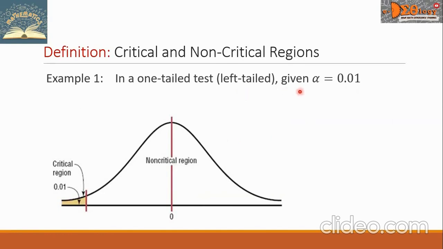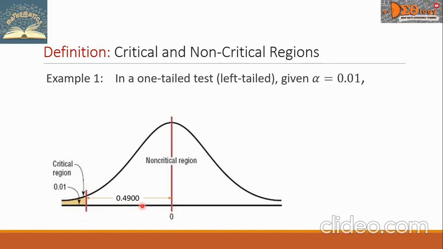This alpha 0.01 is the area of that left tail, and we call this the critical region. The rest of the area is called non-critical region. With regard to the 50% of the area from the center, which is the mean, going to the left, this area is 0.4900.